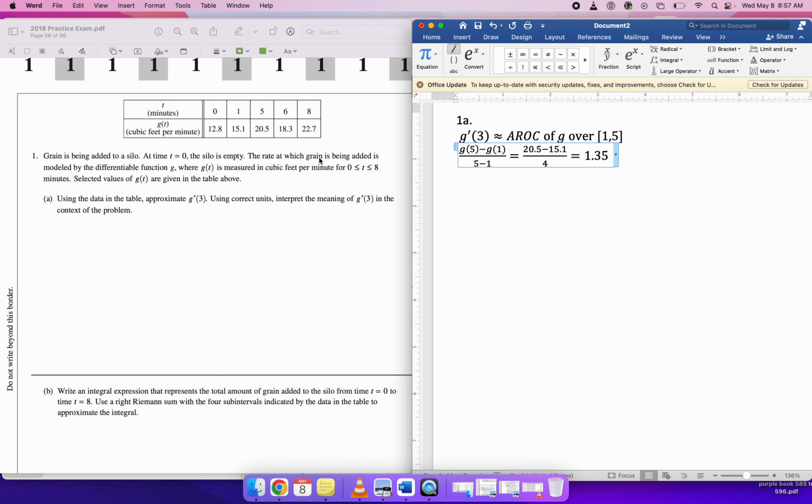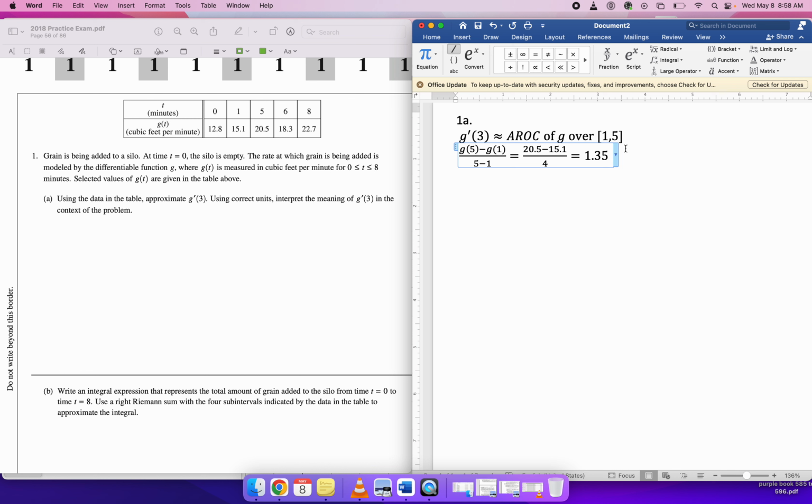Well, g itself is already a rate measured in cubic feet per minute. And what we're looking at is the rate of change of g. So the units are going to be the units of g itself divided by the units of time, which is minutes.